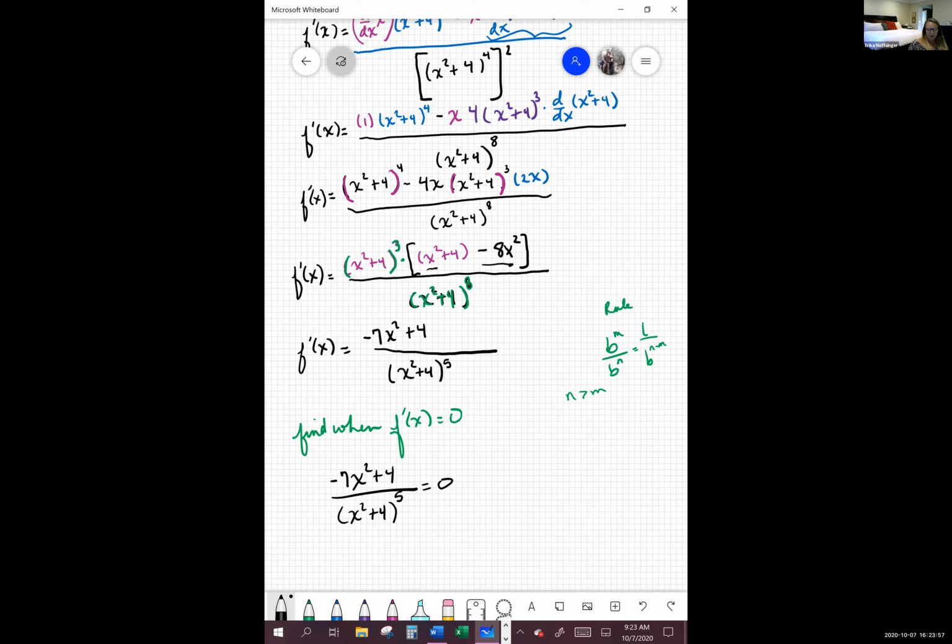Technically, you have a rational function and you're trying to find when that's 0. Really, you're just looking at when that numerator is equal to 0. We know that if we have 0 over a number, this is equal to 0, where the number cannot be 0.